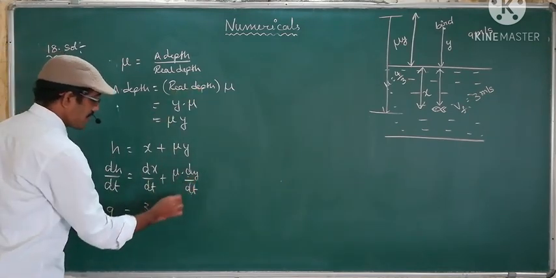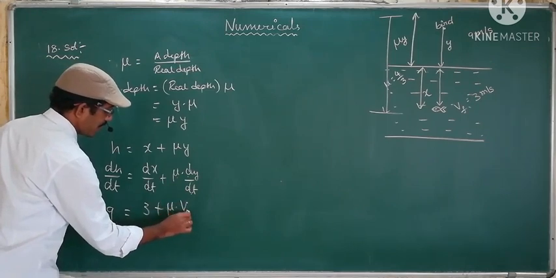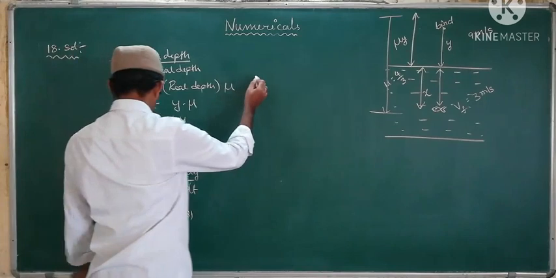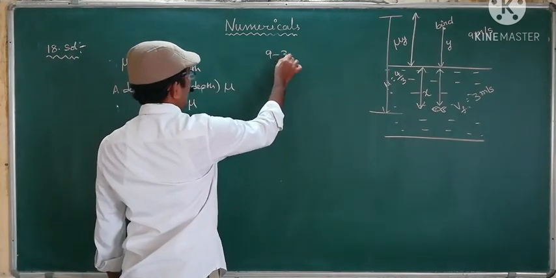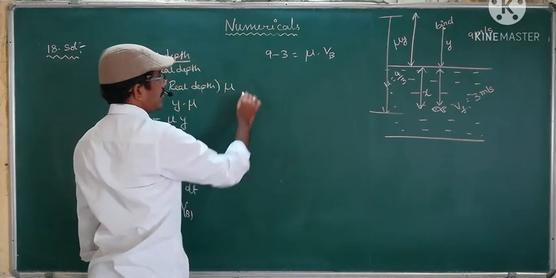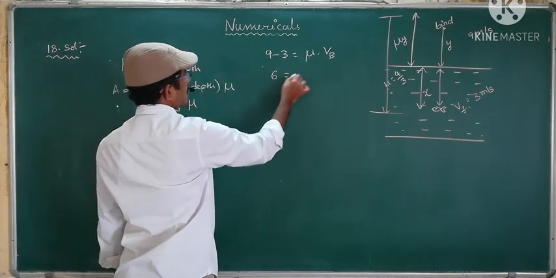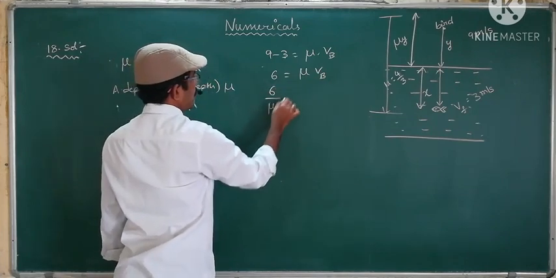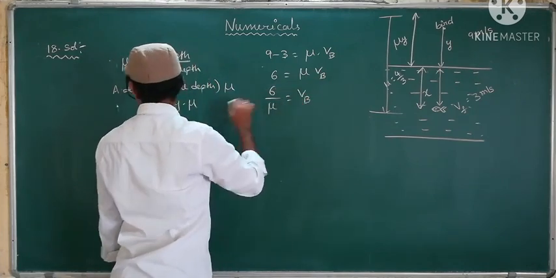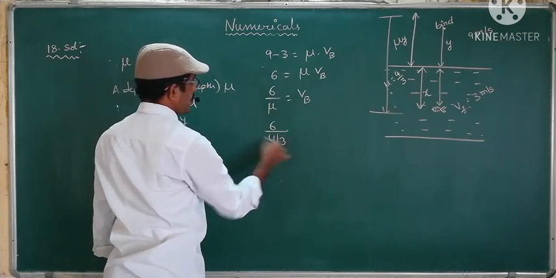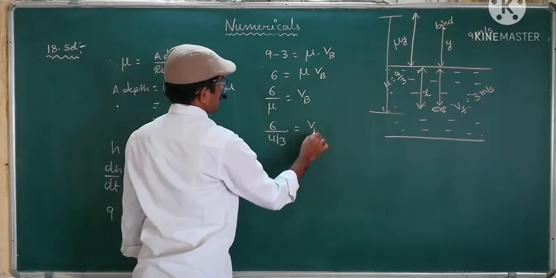It means 9 minus 3 is equal to mu into the original velocity of the bird. 9 minus 3 is 6. 6 is equal to mu into Vb. So 6 by mu is equal to Vb. Here 6 by refractive index, which is 4 by 3, is equal to Vb.